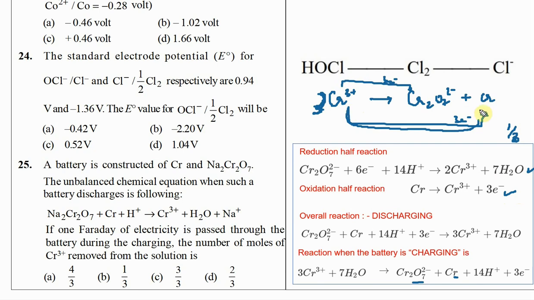If 1 chromium is formed, meaning 1 Cr3+ is used up, correspondingly in the other cell 2 Cr3+ should be used up. Passing 1 Faraday of electricity, you cannot make only one reaction happen. If this happens, this will also happen, correct? So if one of the reactions uses 1 by 3, the other one will be 2 by 3, the total is 3 by 3.